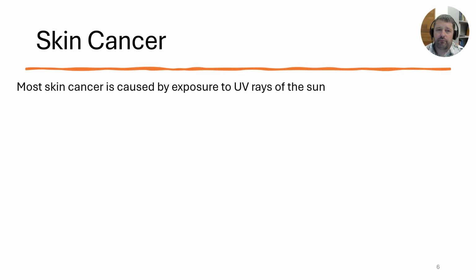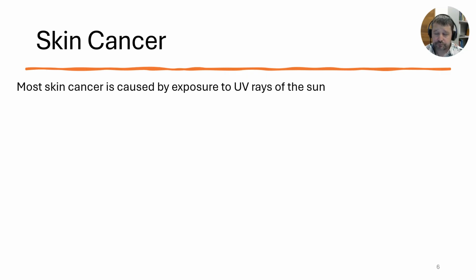Okay, but I really want to kind of talk about cancer in general, and especially kind of talk about skin cancer, because it really kind of ties in the melanophores and the production of melanin and the UV protection that we get from skin color and things like that, that really ties into cancer.